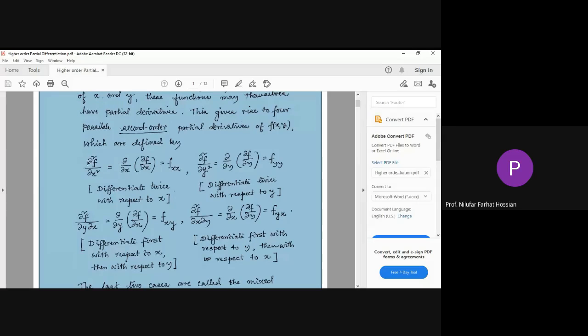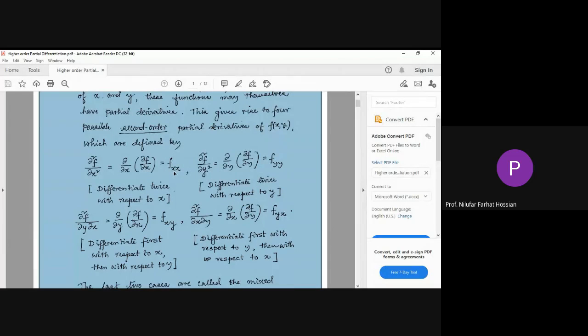So this second order partial derivative with respect to x means del x of del f by del x. That means at first you perform this first order differentiation, then again you differentiate it partially with respect to x. So this is one notation, and there is another notation. You can write it like this. If you perform only the first order, it is fx.